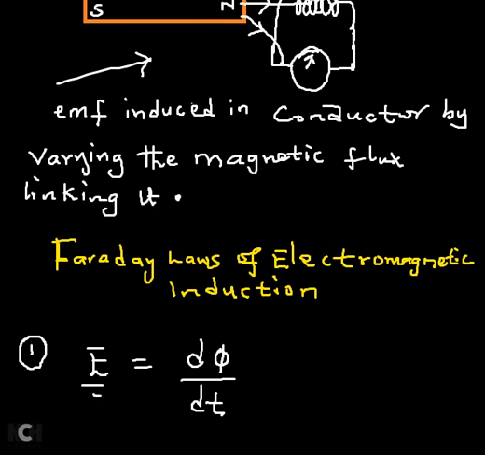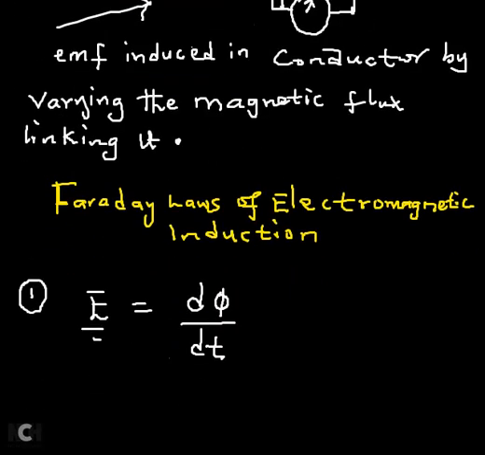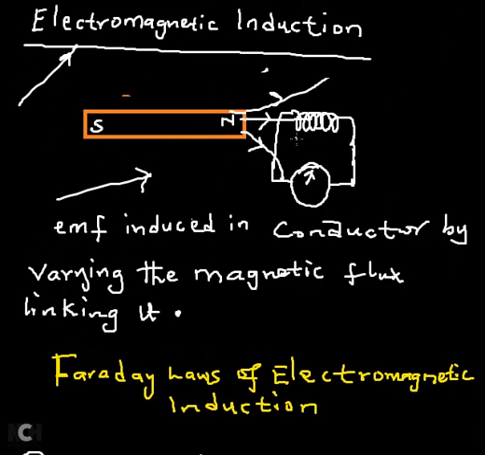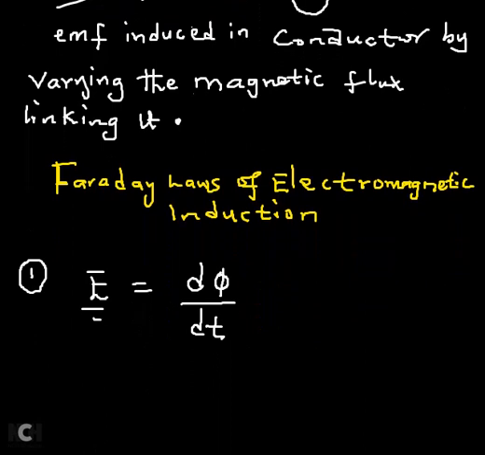Faraday conducted this experiment using a coil. Remember, a coil of wire is not made up of just one circular wire. We have many circular turns. So the EMF will be multiplied by the number of turns, because we are dealing not with just one turn of conductor but many turns of wire.